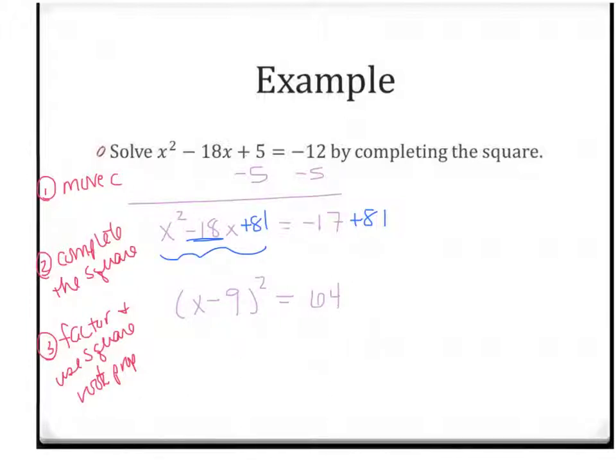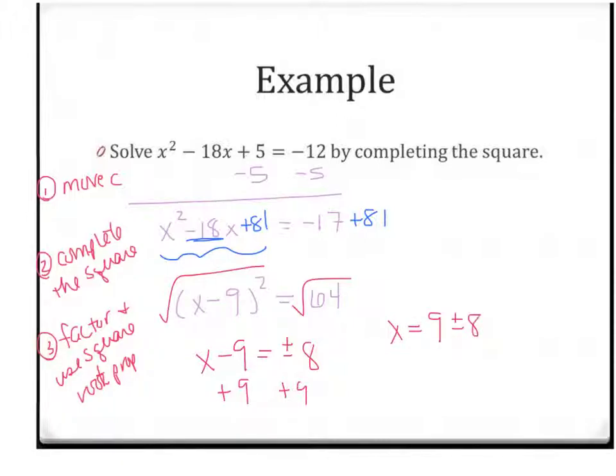Okay, so square root property says we're going to square root both sides. X minus 9 equals plus or minus, don't forget that part, 8. Solve for x, we're going to add 9. So x is going to be 9 plus or minus 8, and then we're going to do both those. So 9 plus 8 on the top there is 17. 9 minus 8 is 1, and those are your two answers.